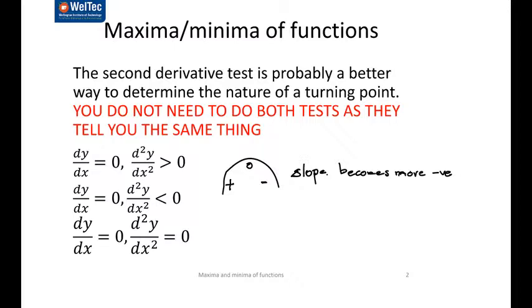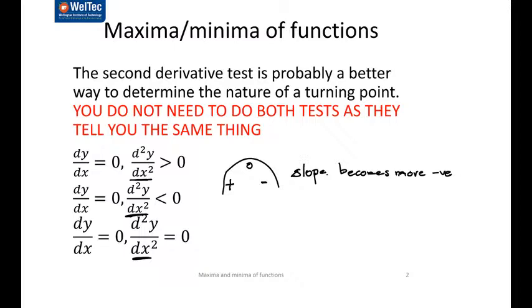Now, if you think the derivative tells us how y changes, and the second derivative tells us how the derivative changes, or in other words, it tells us how the slope changes, then we can use the second derivative to describe what we've just got.